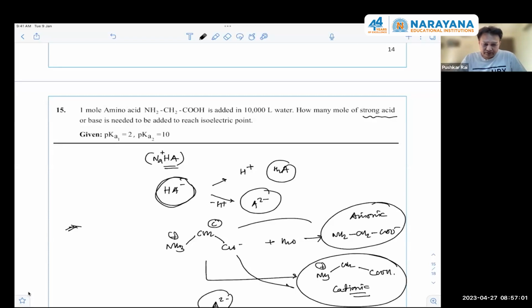But this one question is going to make you think what really is the isoelectric point by definition. So I leave you with this one. In the next class, I will discuss. Till that time, you try it. The hint I am giving you is, it's only a one-line solution if you properly approach the problem.